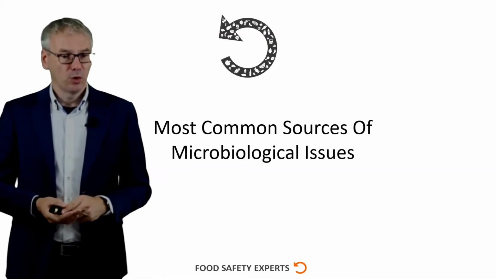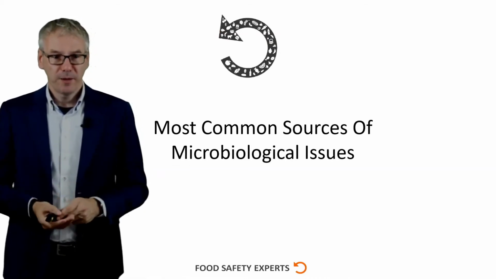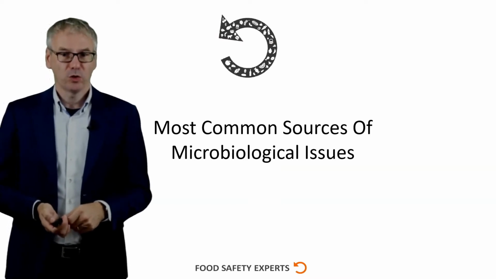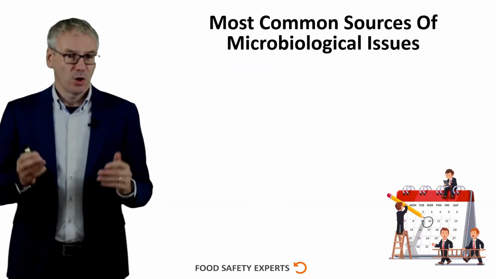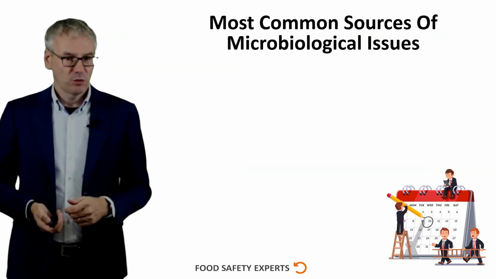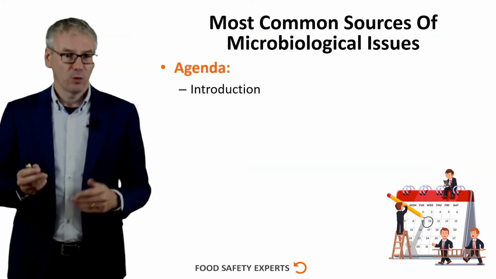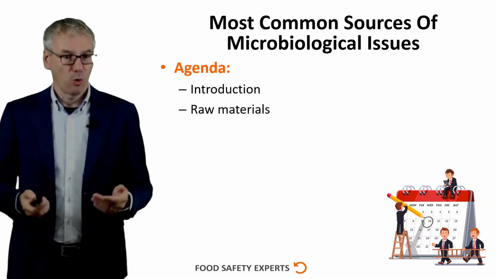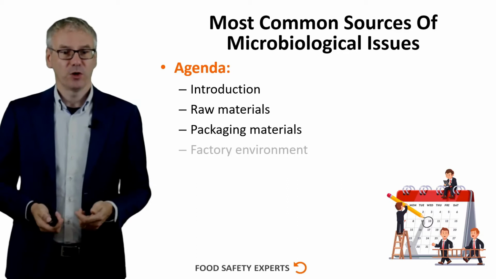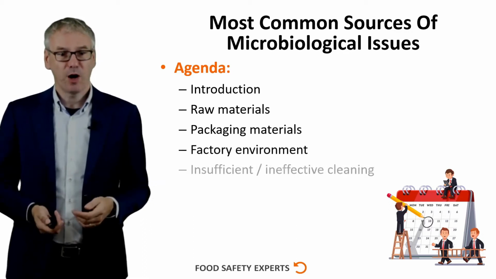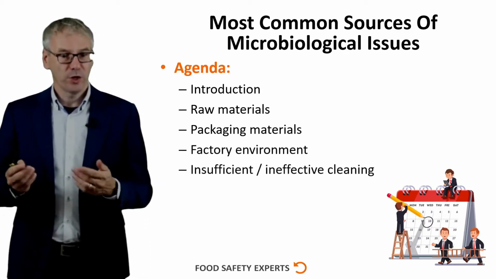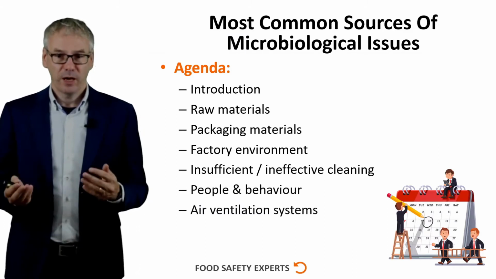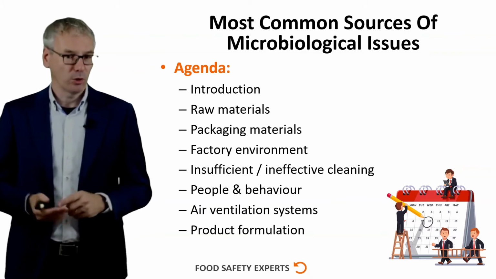I would like to go to the main part of today, focusing on the most common sources of microbiological issues. So what will be discussed today? First of all, I will give a brief introduction and then we'll focus on raw materials, packaging materials, the factory environment, insufficient or ineffective cleaning, people and behavior, air ventilation systems, and product formulation.